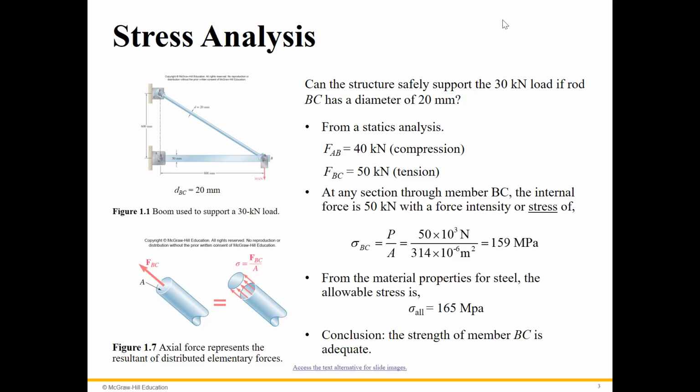Like pressure. P is force, F is force, so sigma is stress or pressure, right? In this class, when we say F and P, these are forces, all of them.